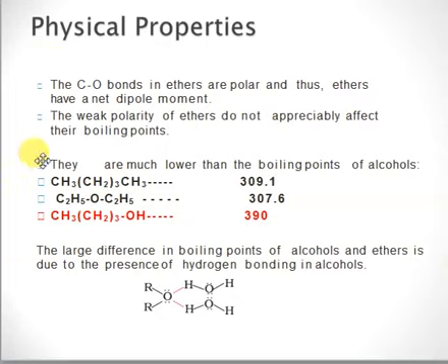Just for comparison, we consider these different alkane, ether, and alcohols. For convenience, we have kept the number of carbons the same, so we have molecular weight almost the same.